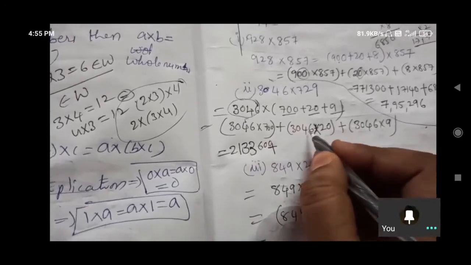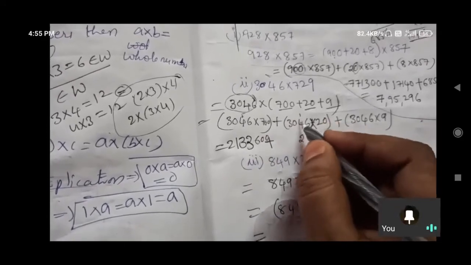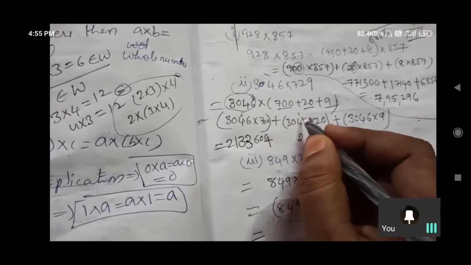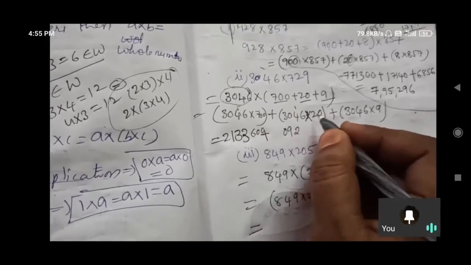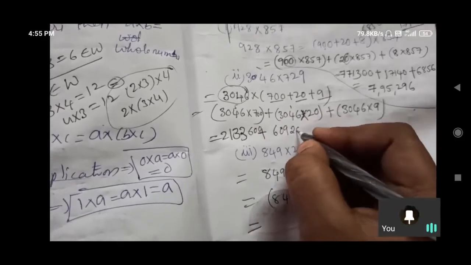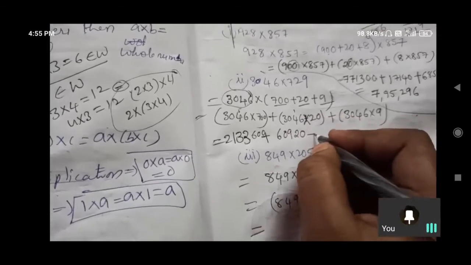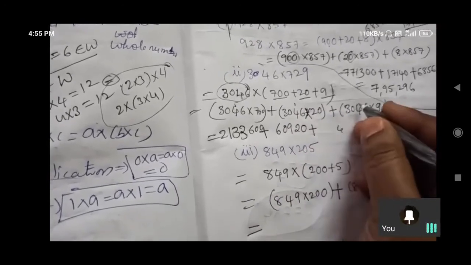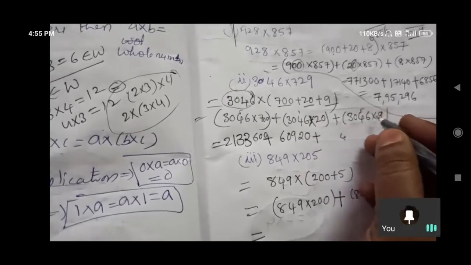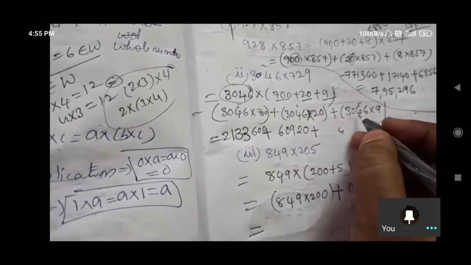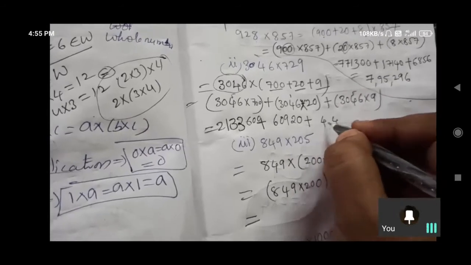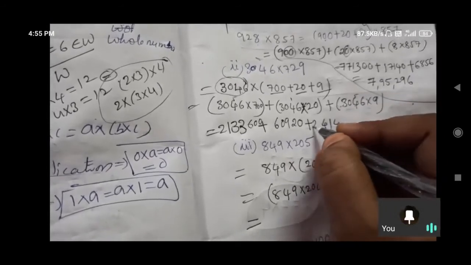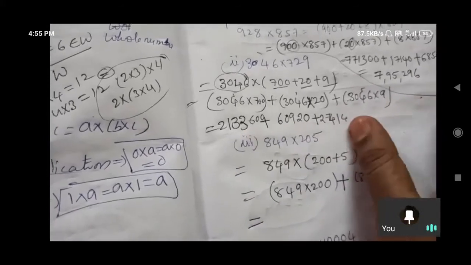Next, 2 6s are 12, 1 you take as carry. And 2 4s are 8 plus 1 is 9. 2 zeros are 0. 2 3s are 6. Here we have to keep a 0 because we have 20 here. Plus with 9 we have to do. 9 6s are 54, 5 you need to carry. And 9 4s are 36 plus 5 is 41. And 9 3s are 27. We have to add all this, we will get the answer.